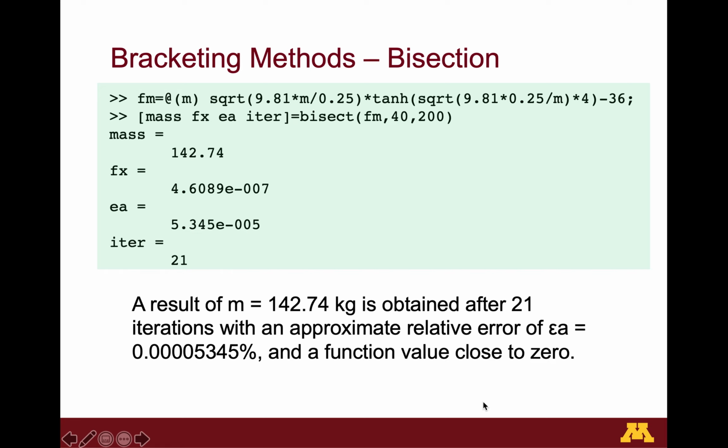There is a MATLAB demo of defining bisect and calling it to solve the root problems. A result of m equals 142 kg is obtained after 21 iterations with an approximate relative error of epsilon a equals 0.00005345% and a function value fx close to 0.